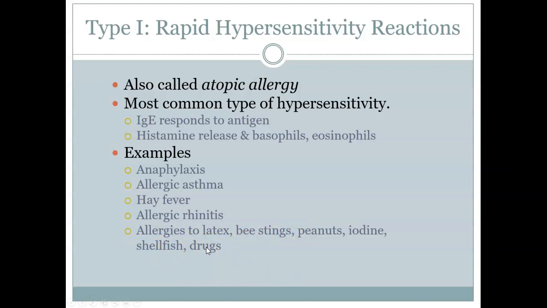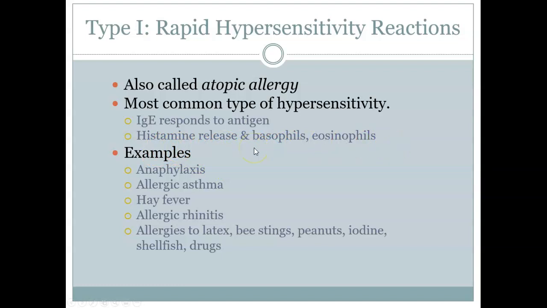So I can use myself as an example. I'm allergic to penicillin, and that was discovered when I was a baby. So if I'm given penicillin, then my body produces this rapid hypersensitivity reaction where I have a histamine release of basophils and eosinophils.